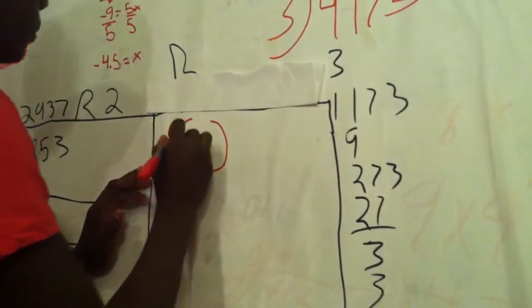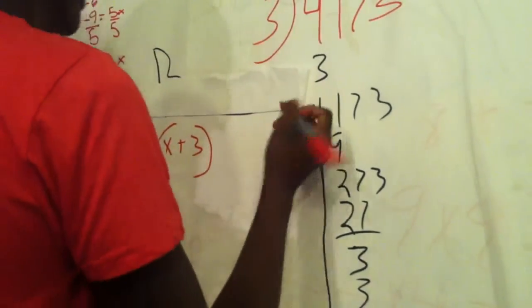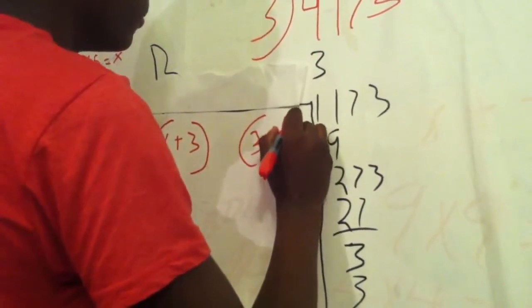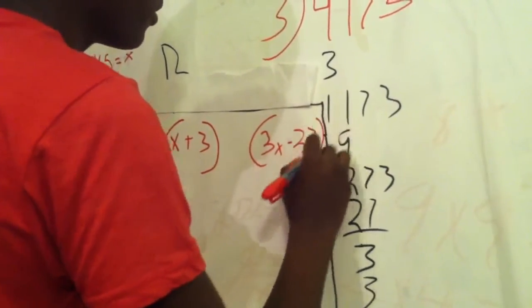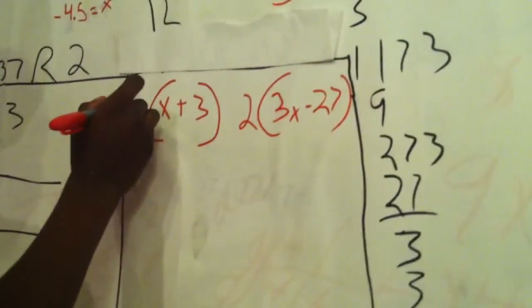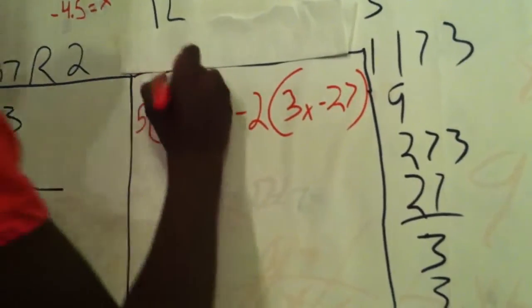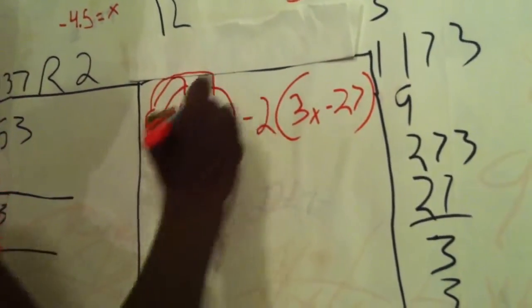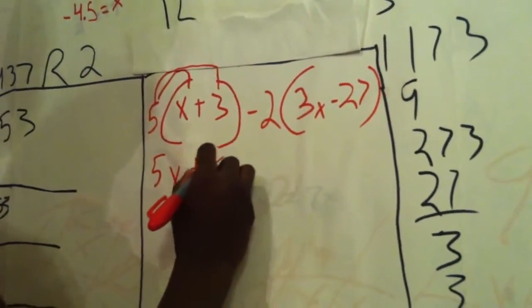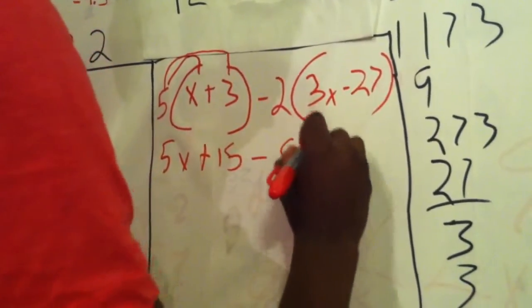Let's say x plus 3 equals 3x minus 27. 2 and 5 minus 5x plus 15 minus 6x.